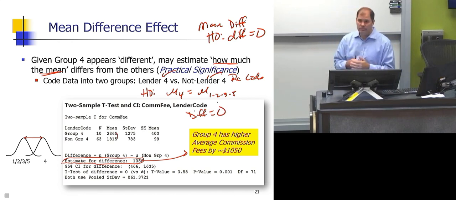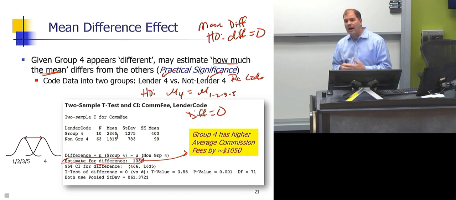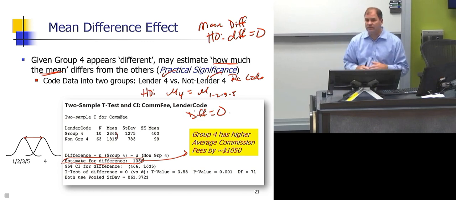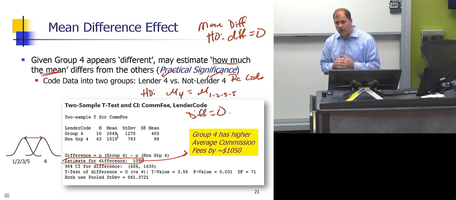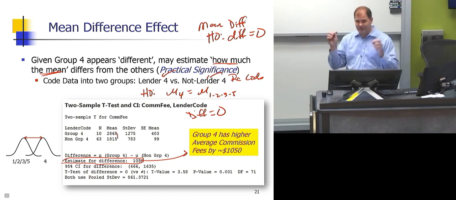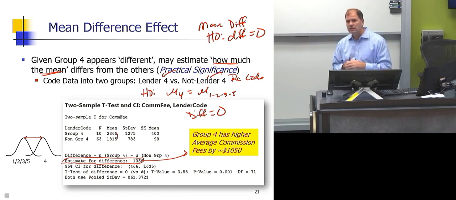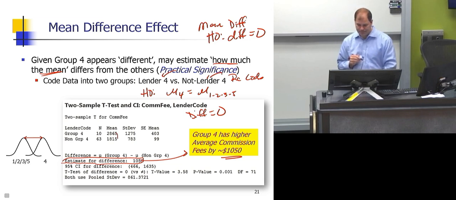Mu1 minus mu2, and my null hypothesis is the difference equals 0. And then when the confidence interval does not include 0, that means I have a significant mean difference. And that significant mean difference as a value would be 1,050. We okay?